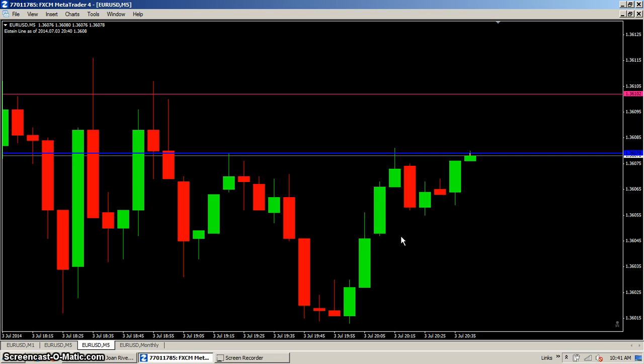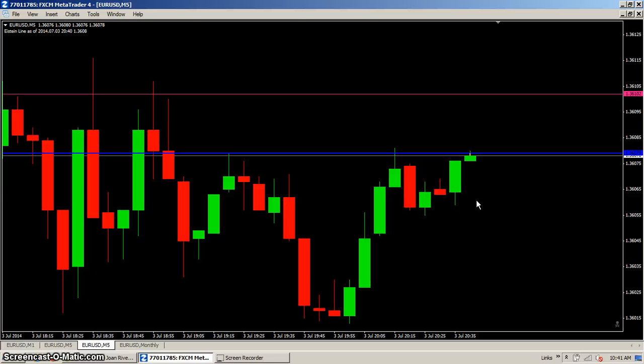That's just one possible strategy. So as you can see, once again, very simple concept. Price turn. You don't want to trade against the most recent price turn.